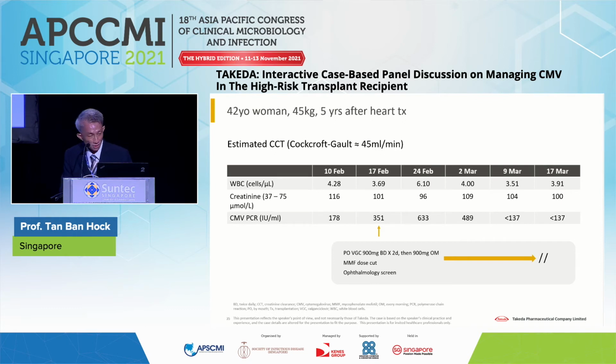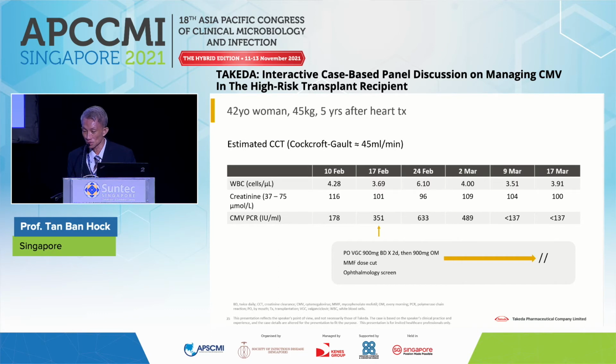And so at some point, we discover that she is PCR positive, right? It starts off very low, 178 units, but soon it goes up, and therefore valganciclovir is started. If you look at her CCT, it's not very good.